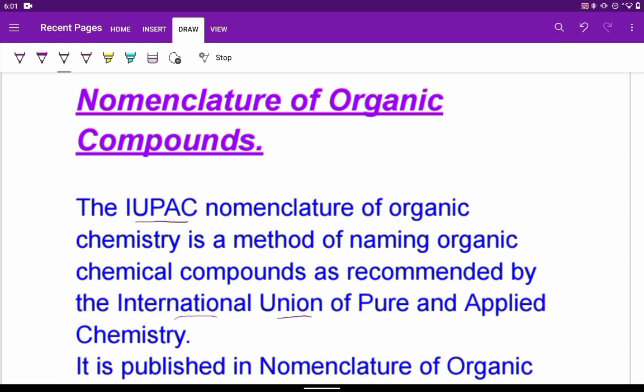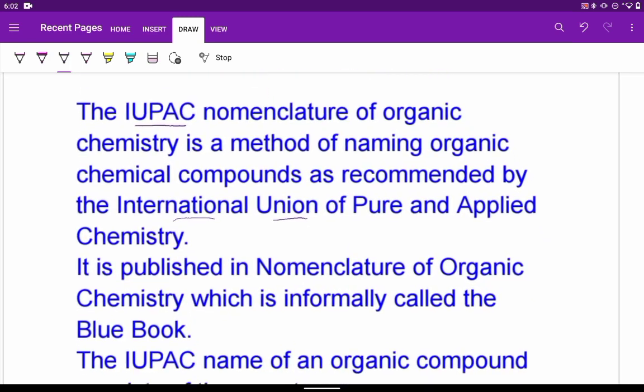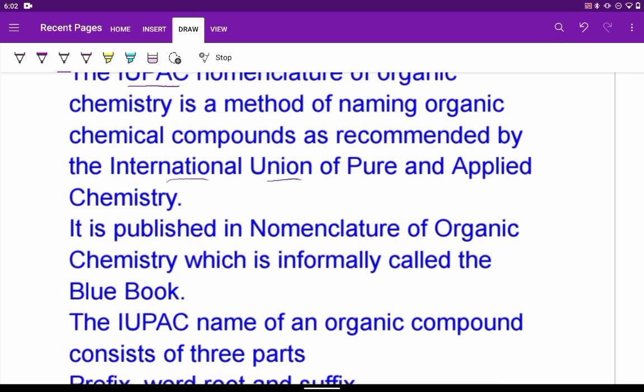It is very systematic, and just by seeing the name, we can understand what type of functional group should be present. So we can have an idea about the class of that chemical compound. These rules are published in the Nomenclature of Organic Chemistry, which we call the Blue Book.